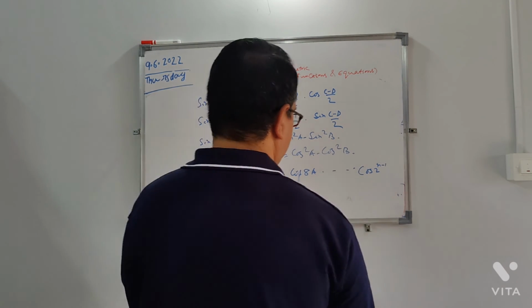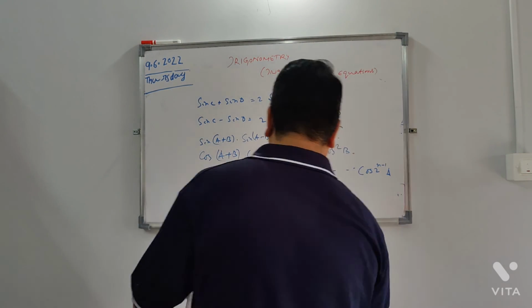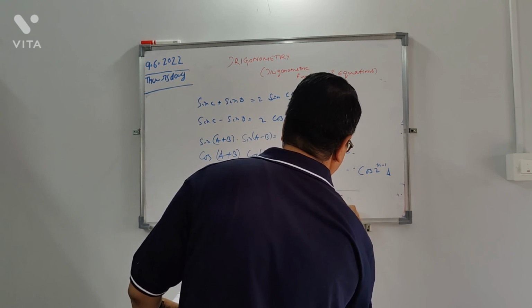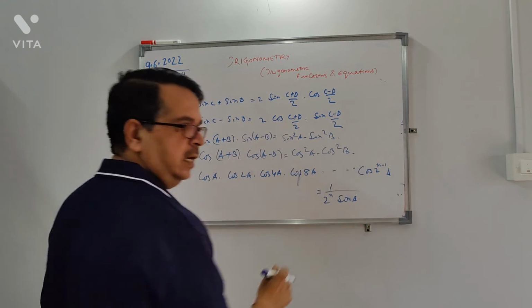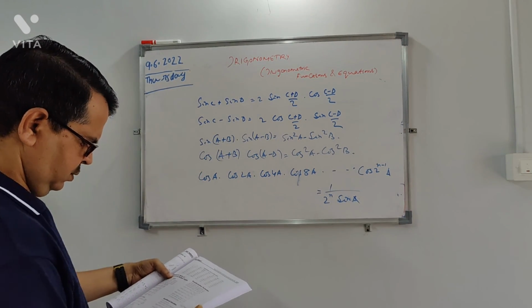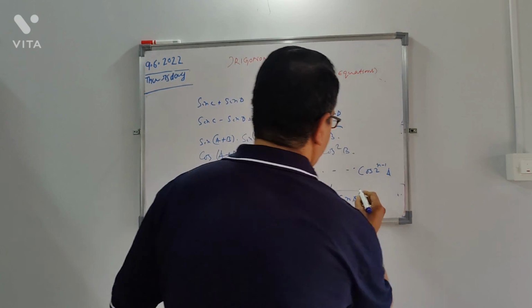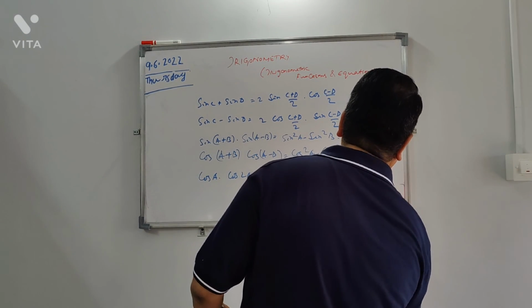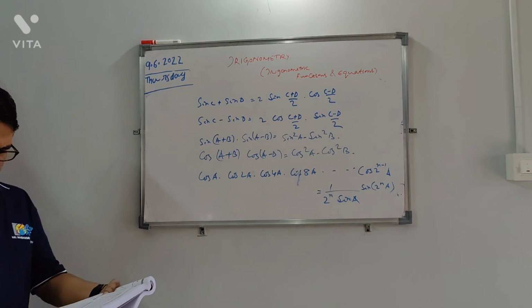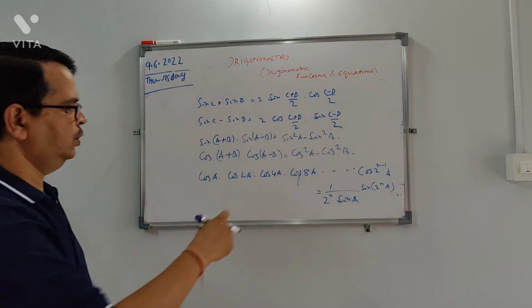There are n terms, and the result is 1 by 2 to the power n sin a into sin 2 to the power n a.